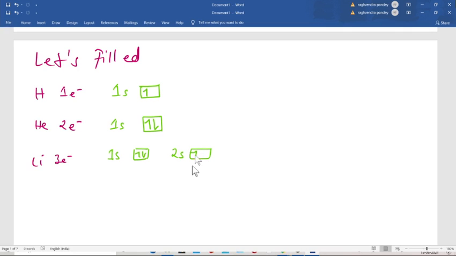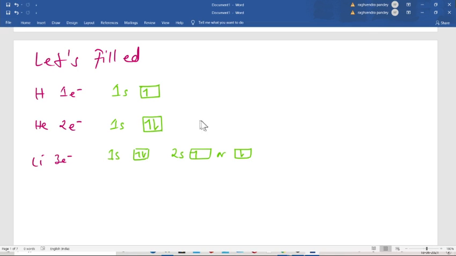Okay, this one is upward. But you need not write it only upward. You can also write it as downward only. Either way you can write. But when we have 2 electrons like this, they should be upward and downward, because it will produce a north pole and a south pole, and north pole and south pole attract. That's why we write upward, downward.